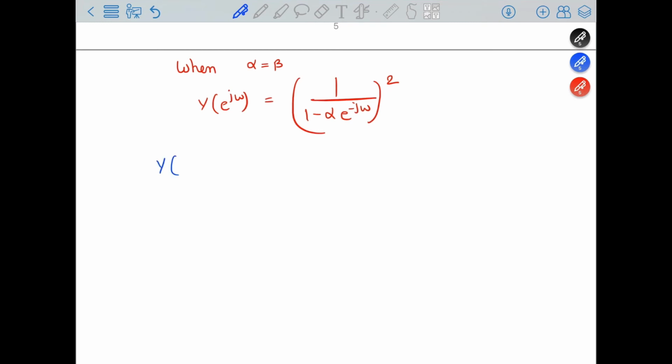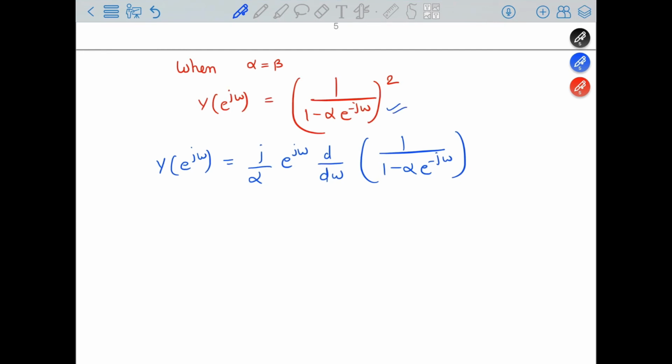We can write Y(e^{jω}) in a different form, like j over alpha e^{jω} d/dω of 1 over 1 minus alpha e^{-jω}. This is just the form obtained by some analytical interpretation of this expression.